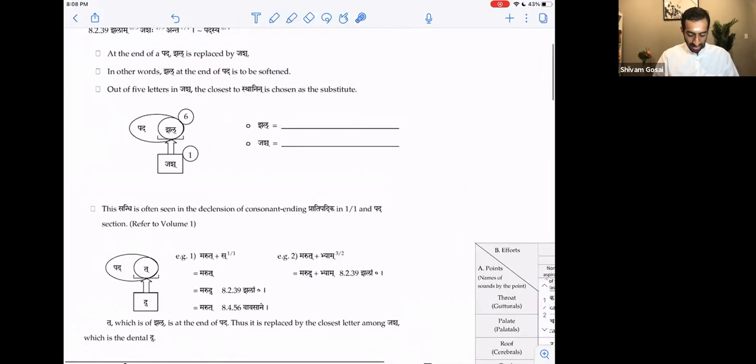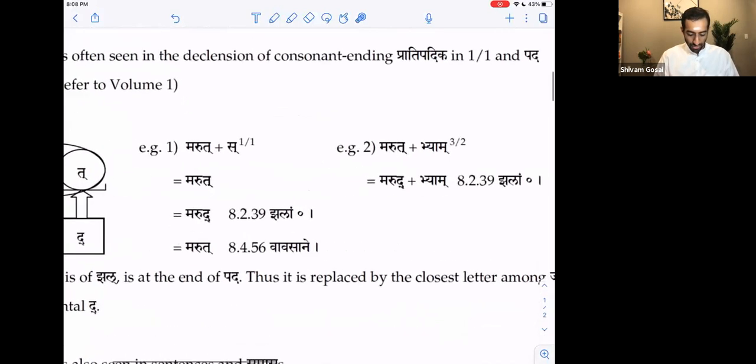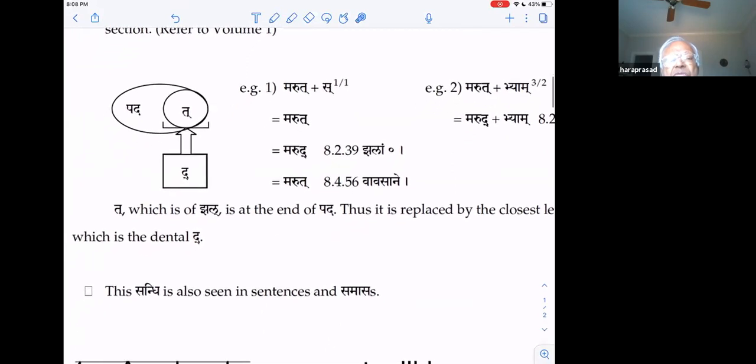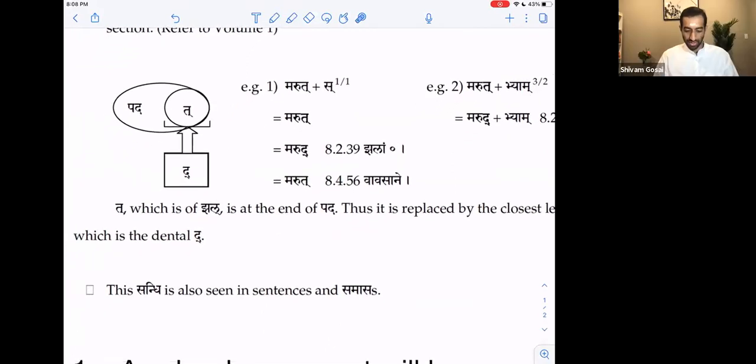So for example, here we have marut. We haven't seen marut yet, but marut, and then we add the 1-1, the subanta. Correct. So then this pratipadika is marut, and now that pada is finished. It's marut, like ramat. Ramat is already declined.